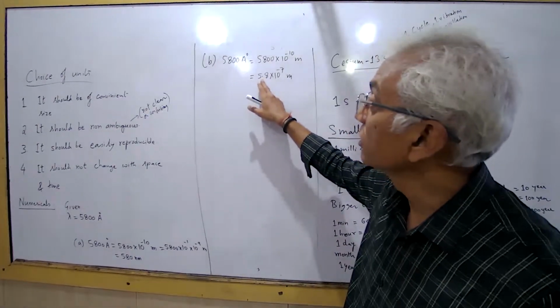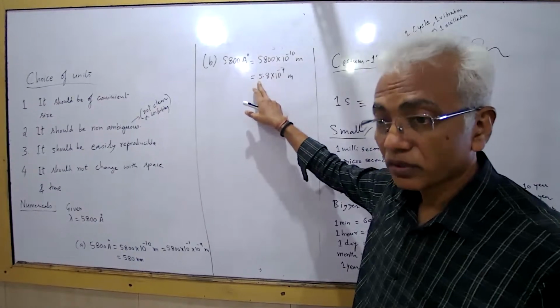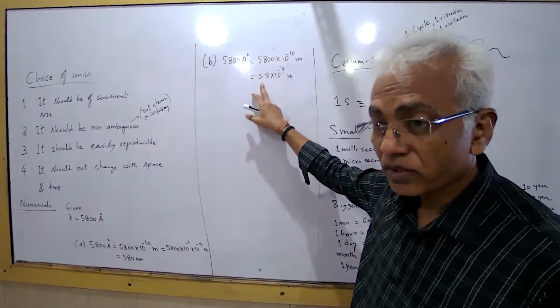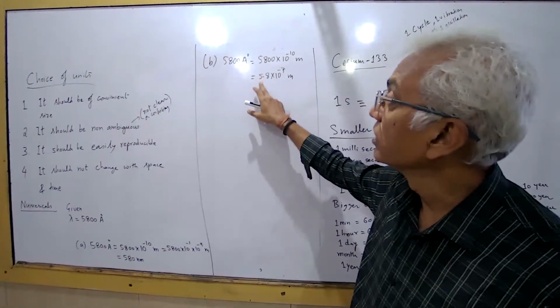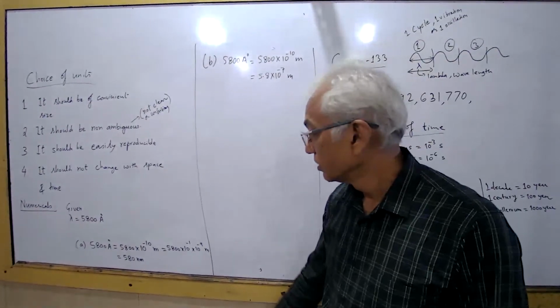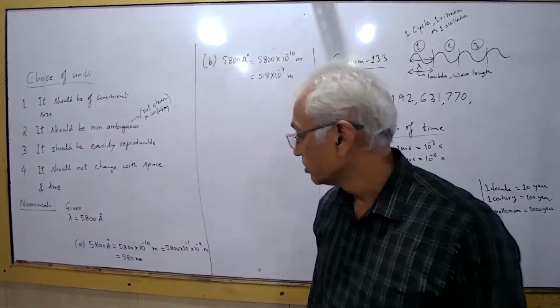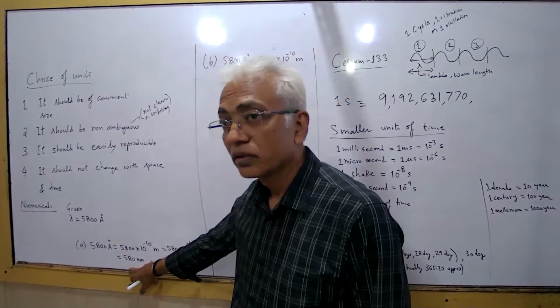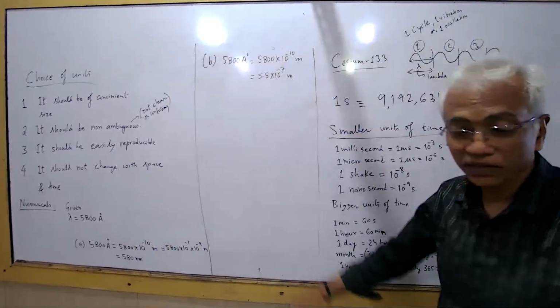You write the decimal after the first number. This is the scientific expression. First number, then the power of 10. Since it has to be expressed in nanometer, therefore we wrote all this. But in meter, this is how. This is called scientific expression.